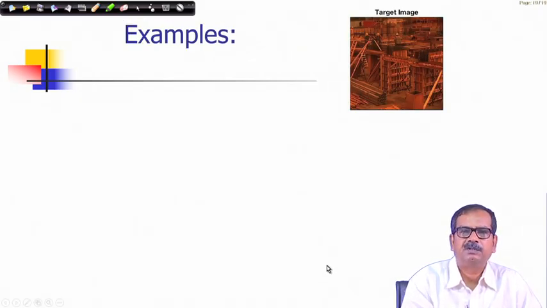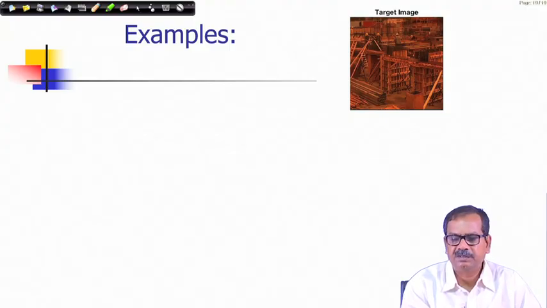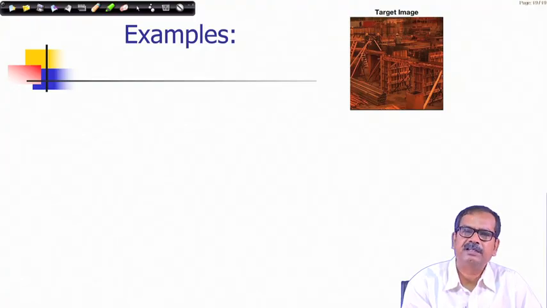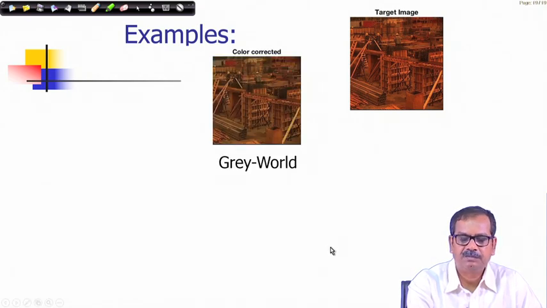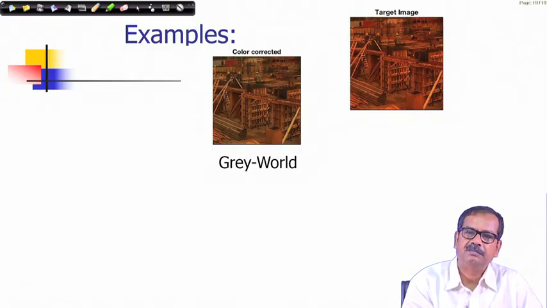Some examples of these techniques: consider this target image, which is illuminated, as you can see, with a reddish hue in the illuminant, and that is why all the points tend towards red. But if I perform color correction, first you estimate the color of the illuminant using the gray world assumption, that means you average the red, green and blue components and use it as the color of this image.